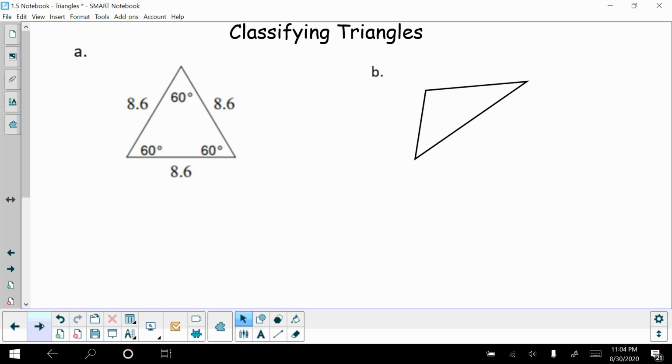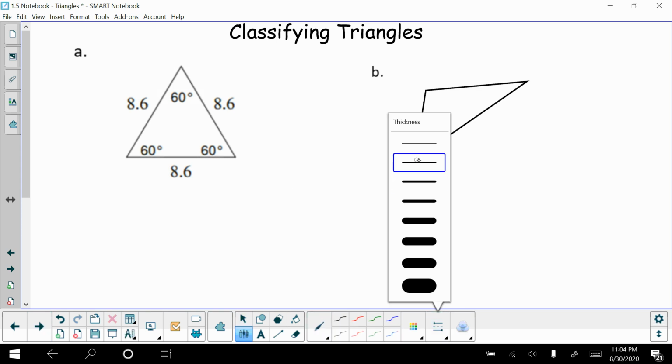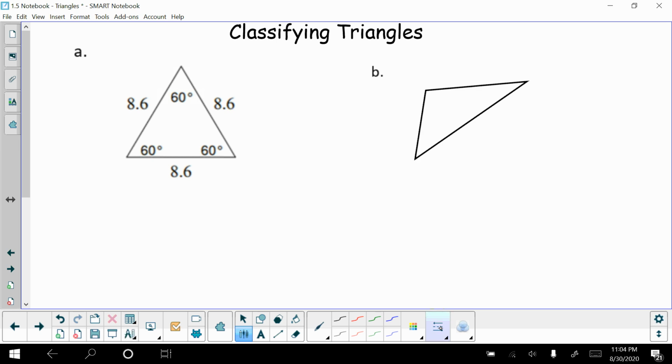Okay, so let's classify some of these triangles. Over here on the left, we have a triangle. Looks like all the angles are acute. They're all 60, and all sides are congruent. So I know some of you are probably going to say acute equilateral triangle.